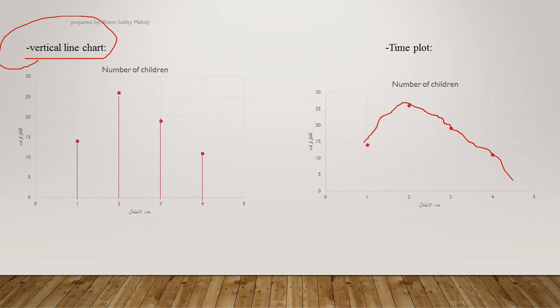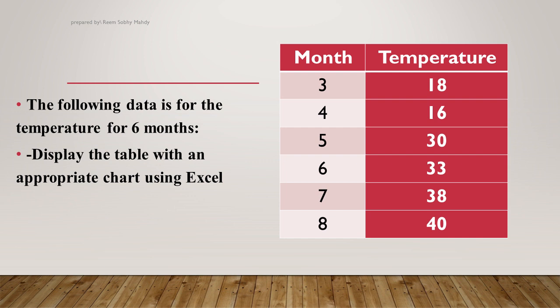quantitative discrete variables. Another example here: the following data is for the temperature for 6 months, and these are the months from March, April, May, June, July, August, and this is the average temperature for each month. The requirement is to display this table using Excel or an appropriate chart using Excel.